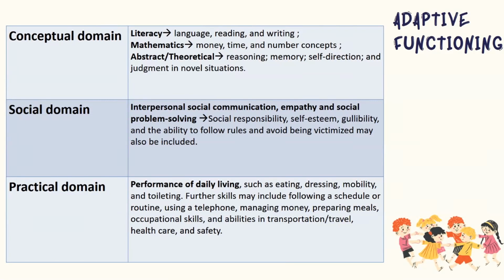In the social domain, we look at how well they communicate, their empathy, and their social problem solving. Lastly is the practical domain: how well they do in daily living activities, like whether they're able to eat independently, dress, or go to the toilet, or do they need any support? How extensive is the support required?